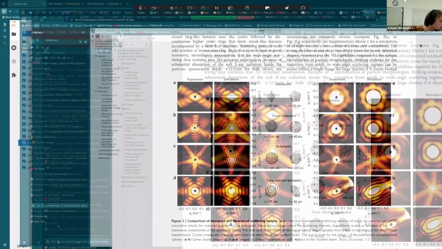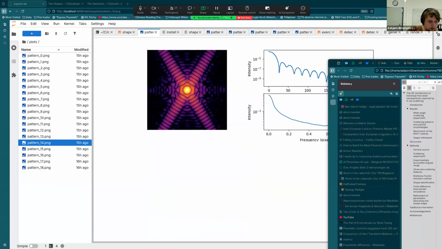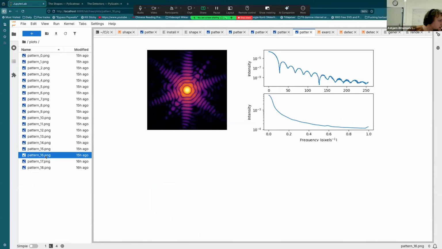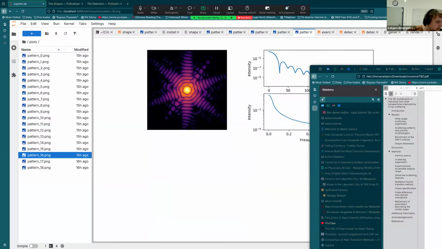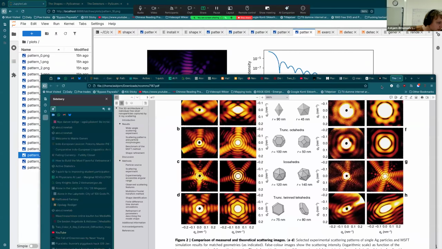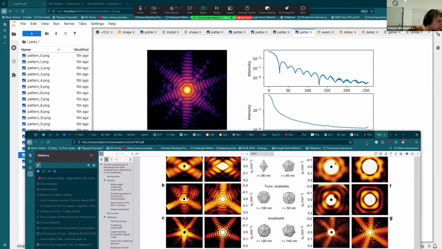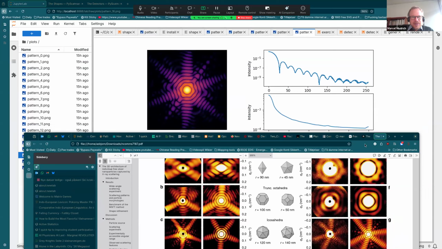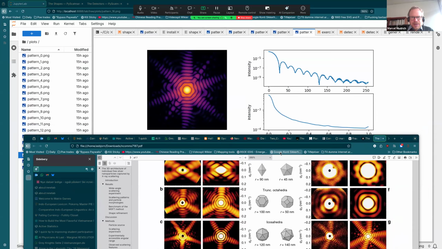Let's go find another one. Okay, this one is, I think, an icosahedron, but it has 6-fold symmetry there. Okay, then it depends on the orientation, whether it's 6-fold or 5-fold.